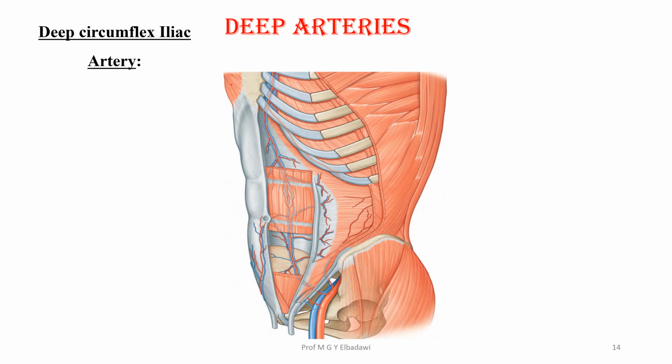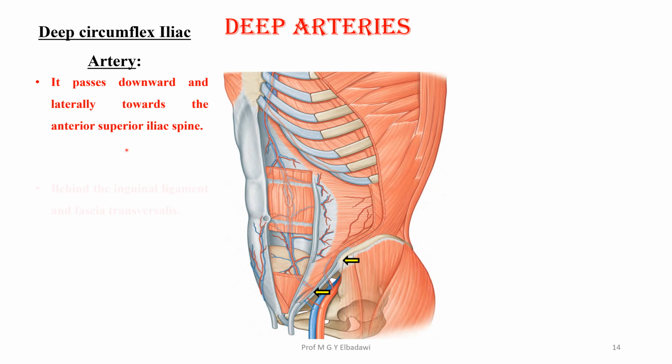The second one is the deep circumflex artery, again a branch of the external iliac, that is the one over here, passing downwards and laterally toward the anterior superior spine, then behind the inguinal ligament and the fascia transversalis.